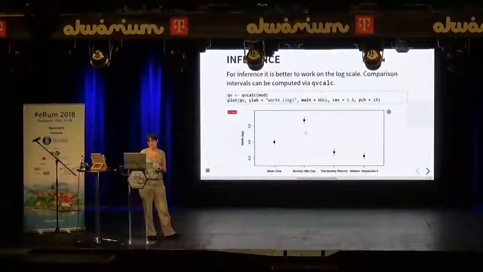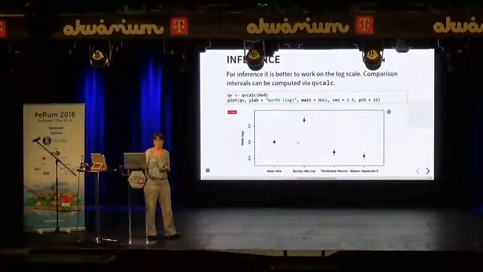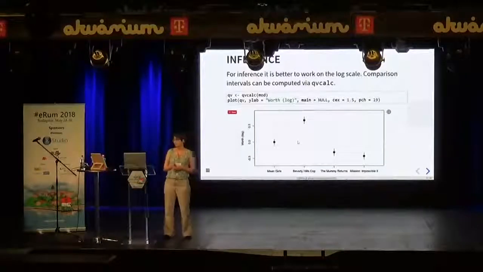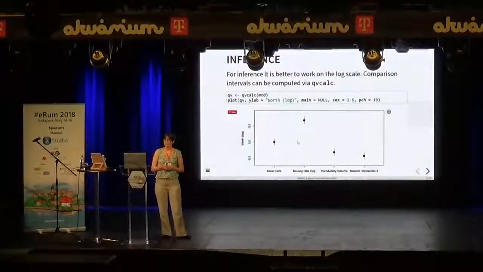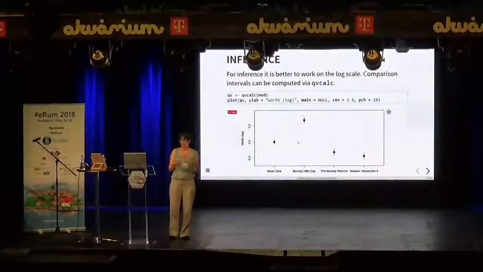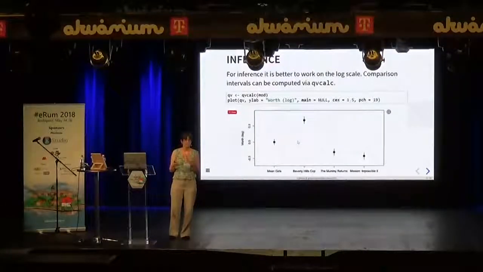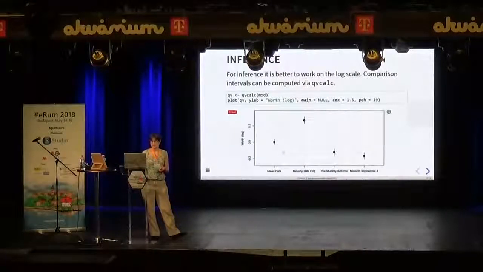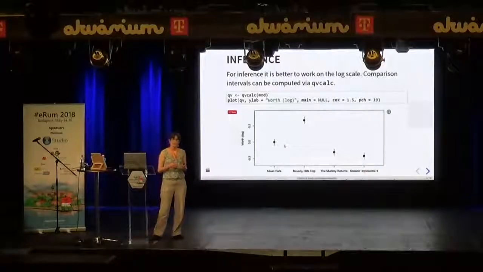And these intervals are based on methodology implemented in qvcalc, which is a package that's been around for a while. What that allows you to do is estimate a similar thing to confidence intervals, but they can be defined for all the items, including the reference item. So for all the items, we can get a 95% comparison interval, and they work as you might expect.